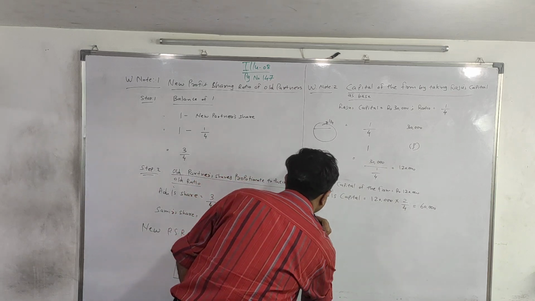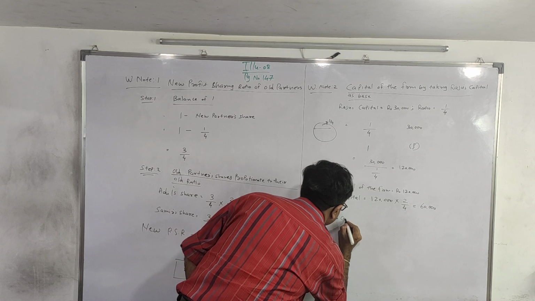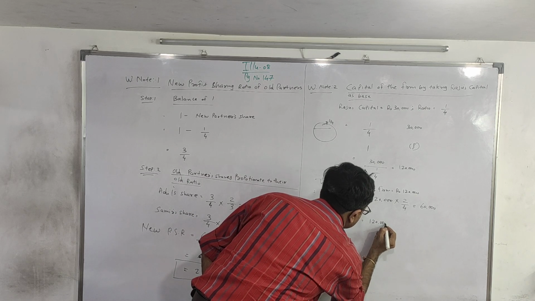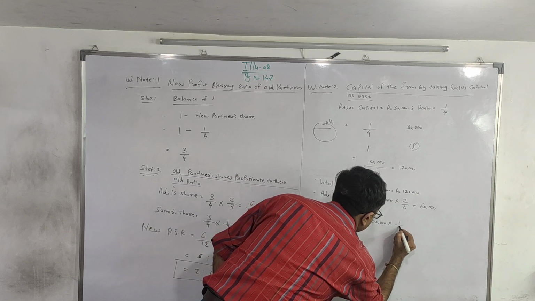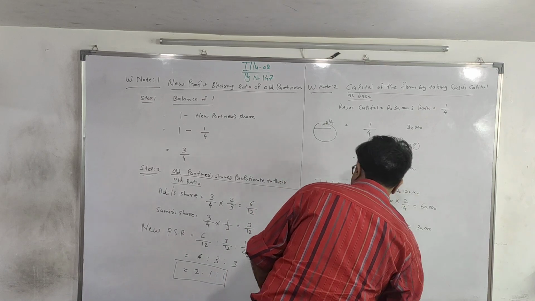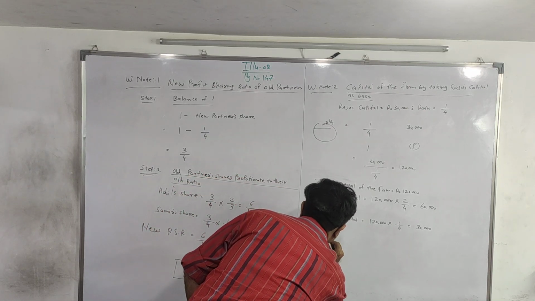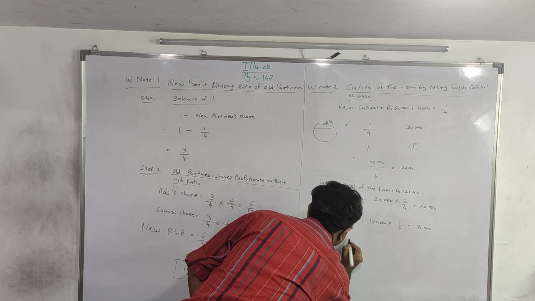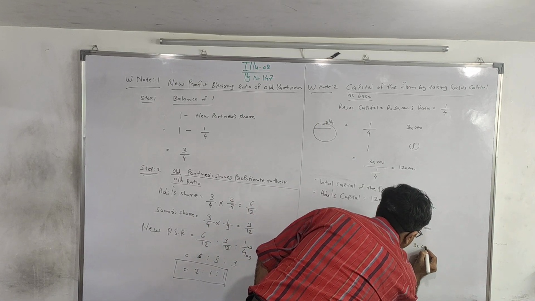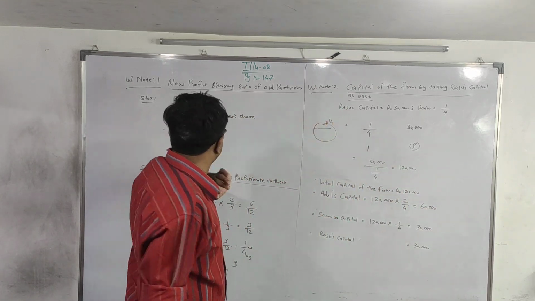Then Sameer's capital, 1,20,000 into 1 upon 4, which is 30,000. And Raju's capital is already 30,000, which is a total of 1,20,000. This is just for the explanation part.